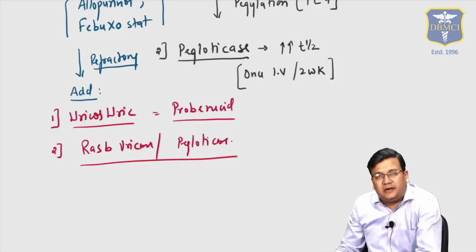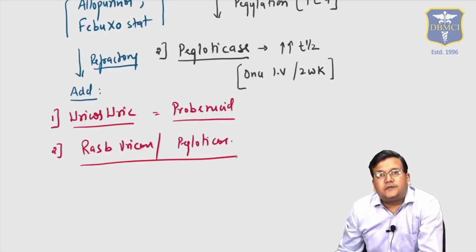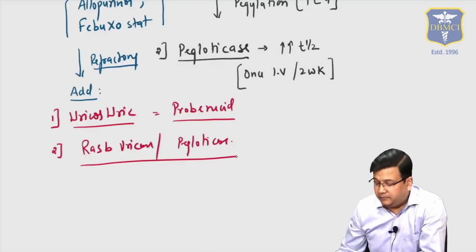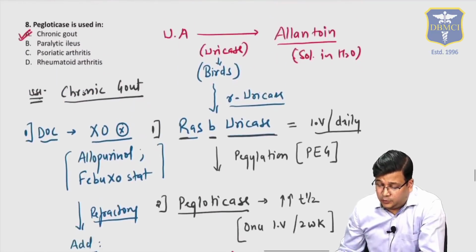So as is clear, Rasburicase or pegloticase are not drug of choice for chronic gout. They are used only as add-on to allopurinol in resistant cases. These drugs are given intravenously. Probenecid can be oral, but rasburicase, pegloticase are intravenous. So that is about pegloticase and the treatment of chronic gout.